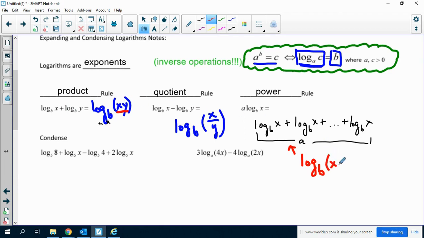So log base b of x times x, a copies of that, which is the same thing as log base b of x to the a. So this is the power rule.